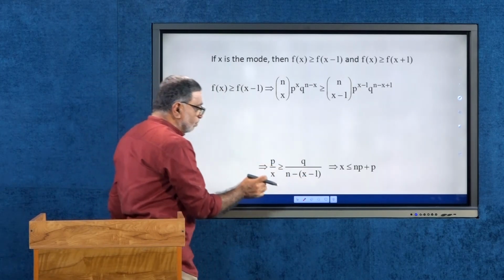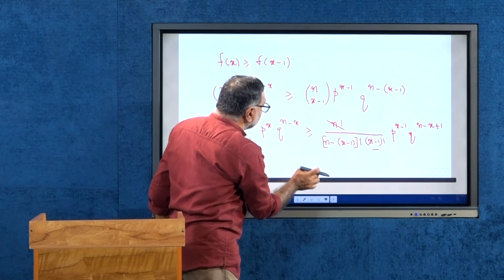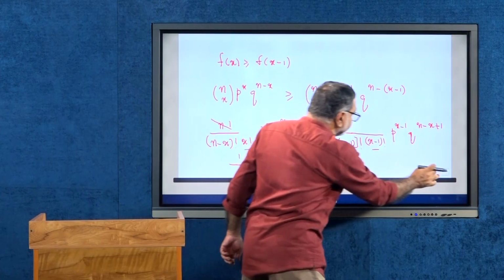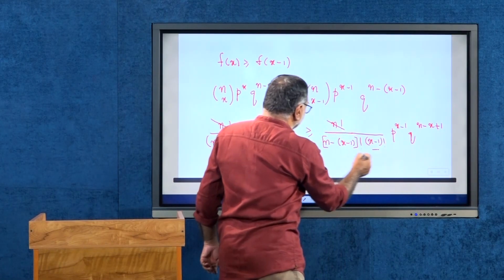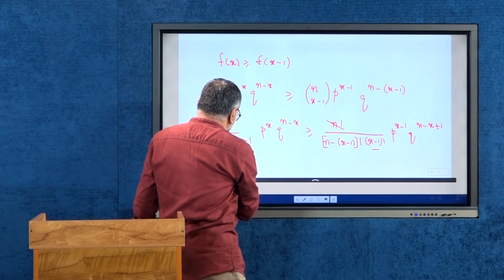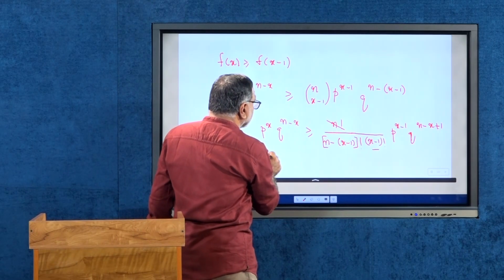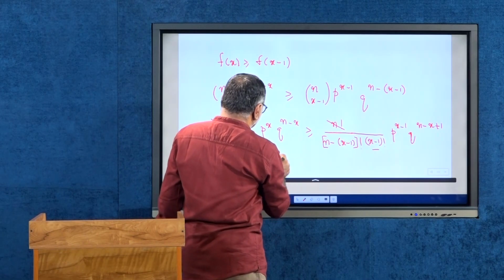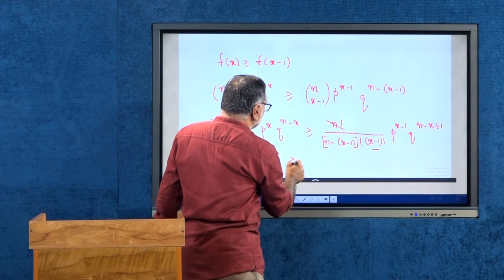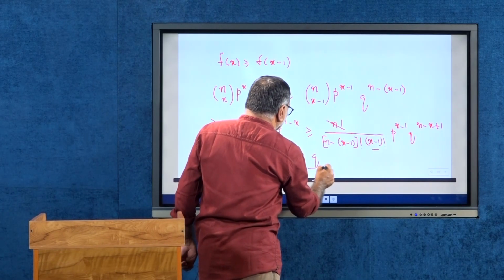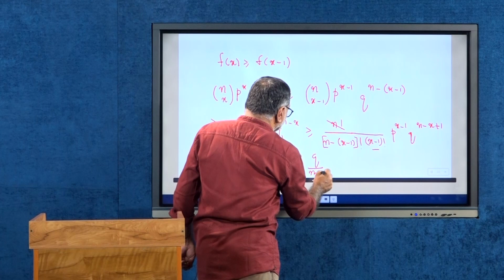So, that means when we simplify, we will get 1 over x into p, and this is greater or equal to q divided by n minus x plus 1.